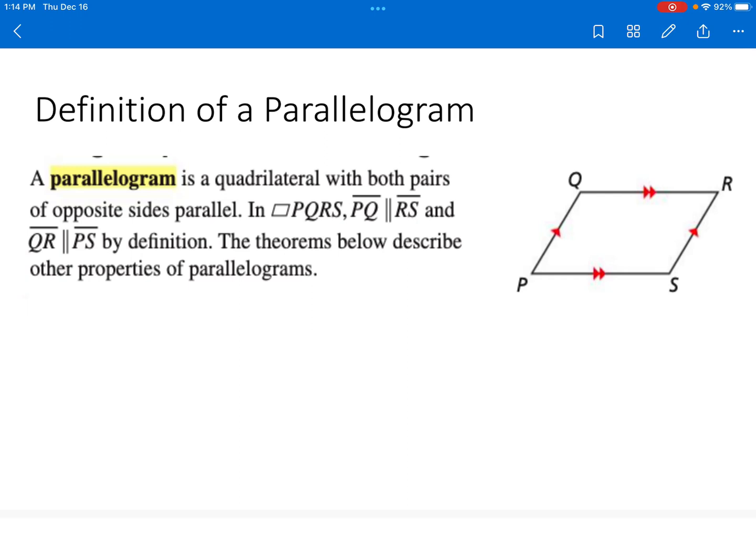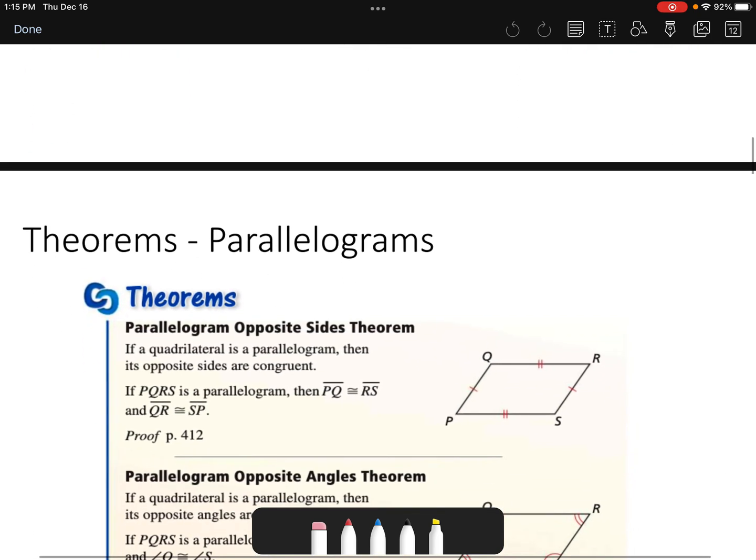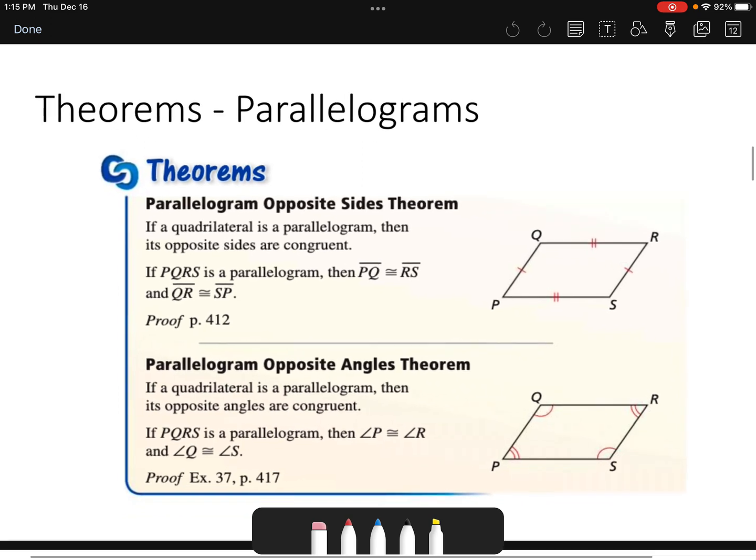It is a quadrilateral with two pairs of parallel sides. So opposite sides are parallel, and hence that's why it's called a parallelogram. You can see by the figure that QR and PS are parallel, and PQ and SR are parallel. Two pairs of parallel sides.